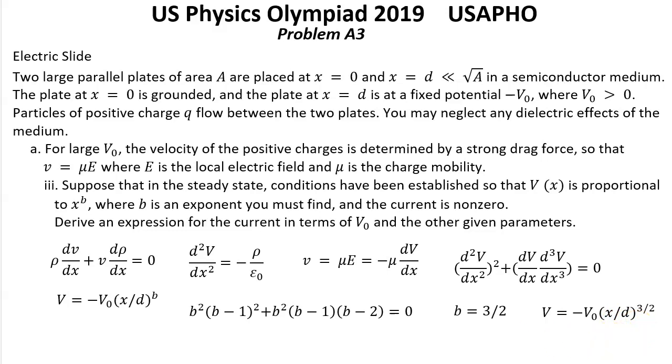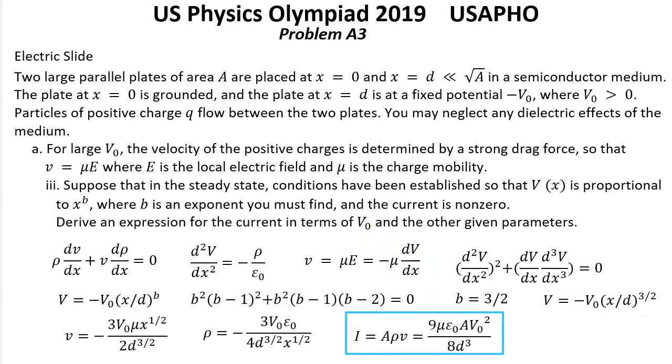Now, using the expression for current I equals A rho v, we can express rho from the second equation, that's the second derivative of potential V. We can use this formula, and also we can use the expression for V. So finally we have V equal to this expression.